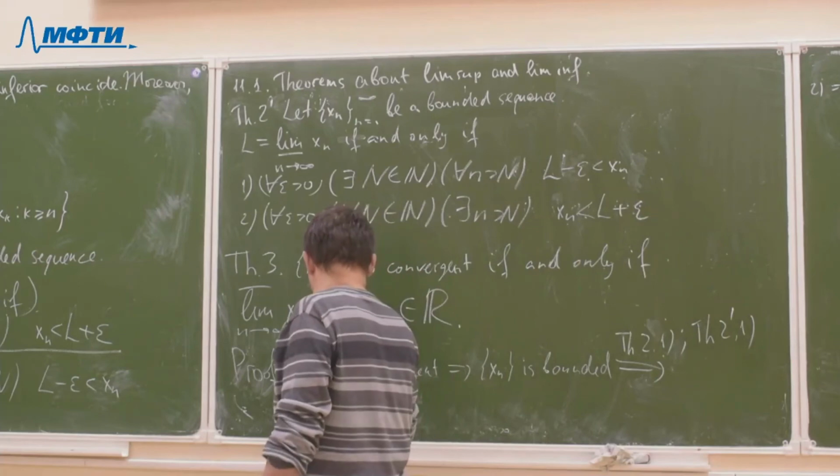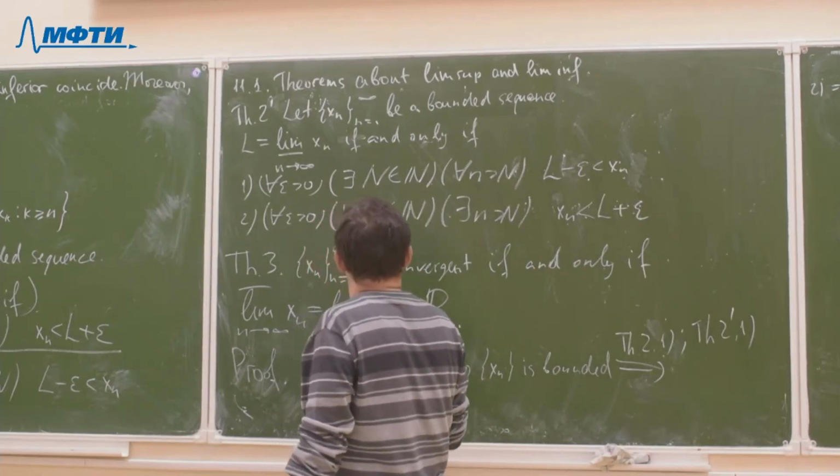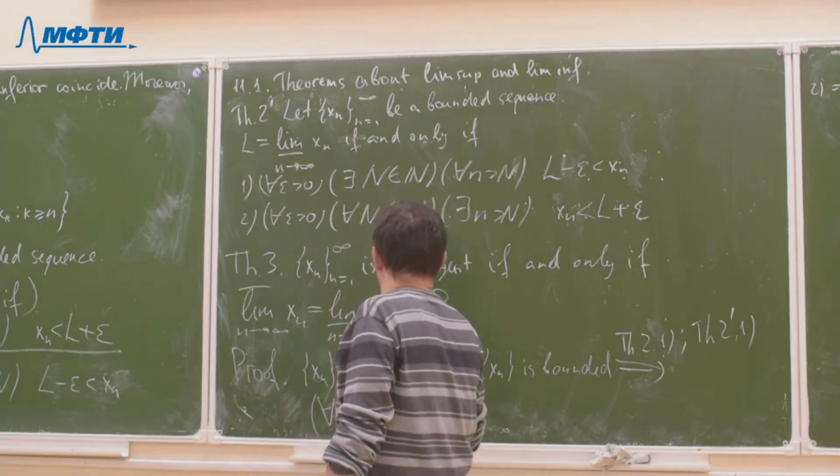For arbitrary epsilon greater than 0, there exists N natural.